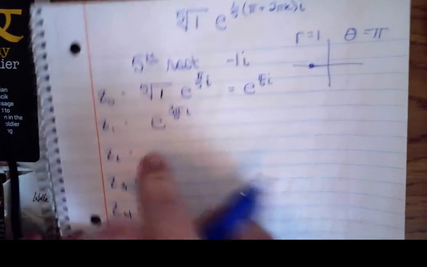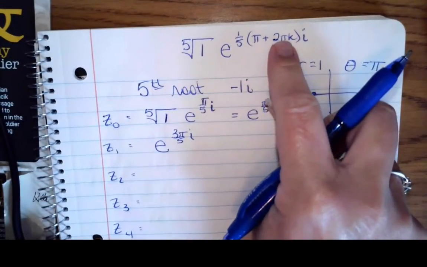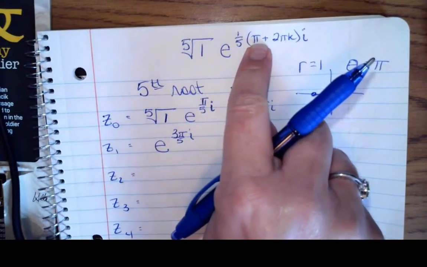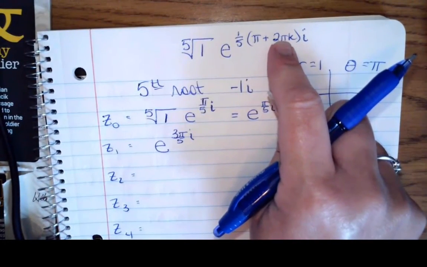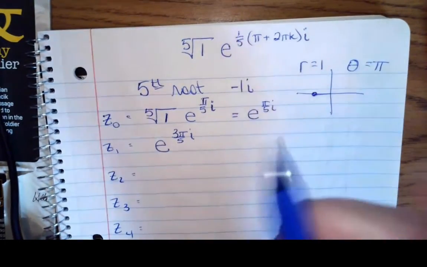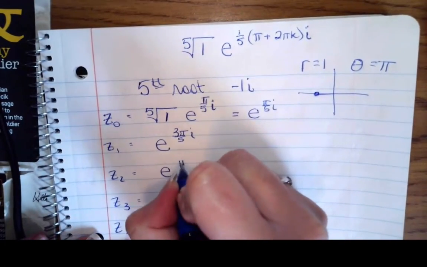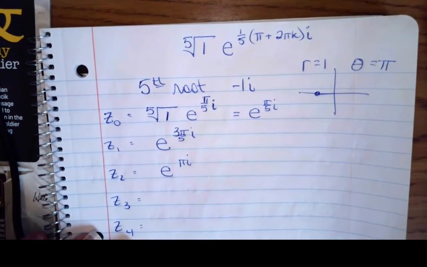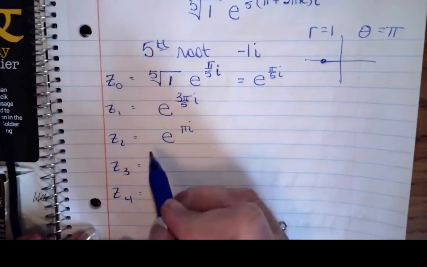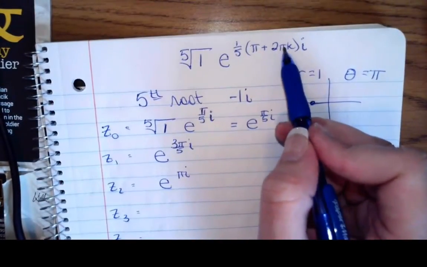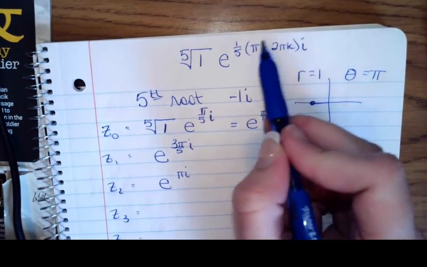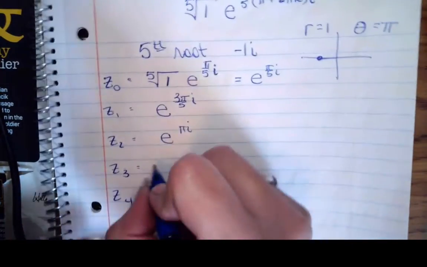This one is going to be shoving a 2. So I've got 1 pi plus 4 pi's is 5 pi's over 5 is a pi. So I have e to the pi i. Okay? And then for the third one, I'm going to have 2 pi times 3 is 6 pi's, 7 pi's over 5.